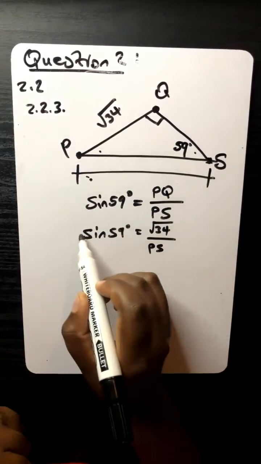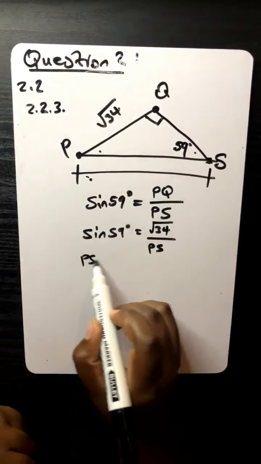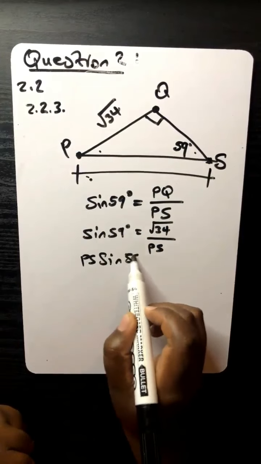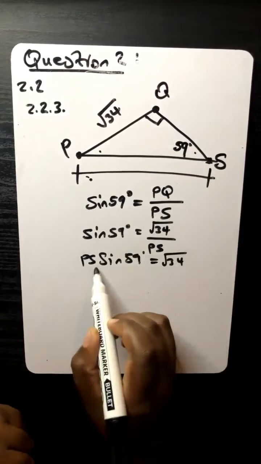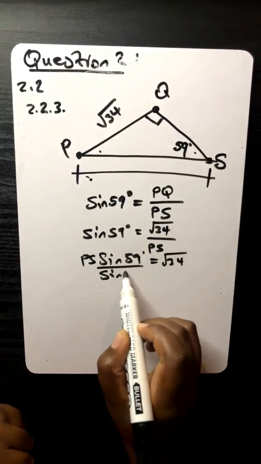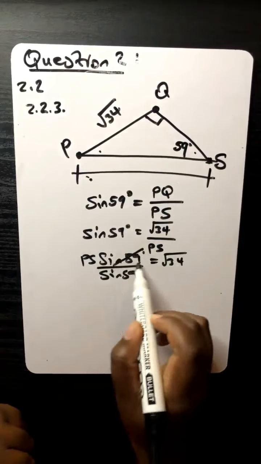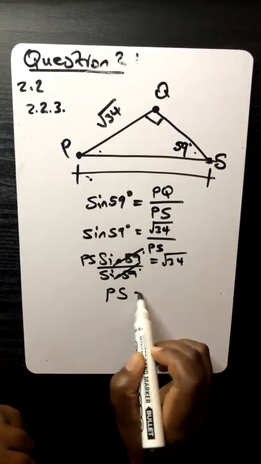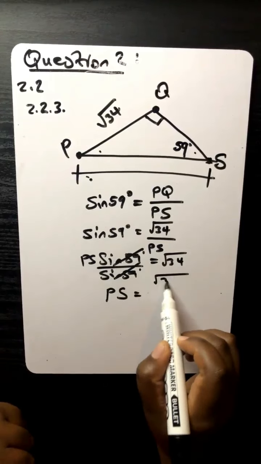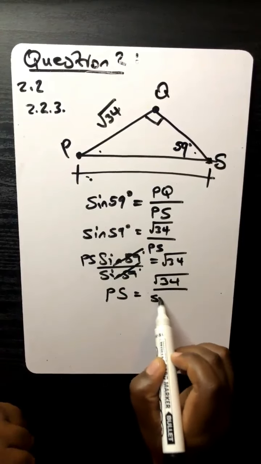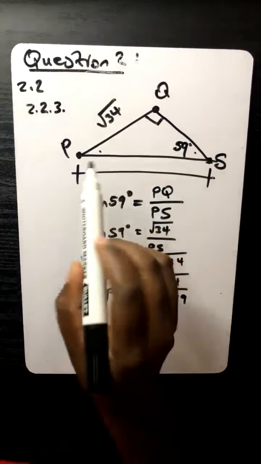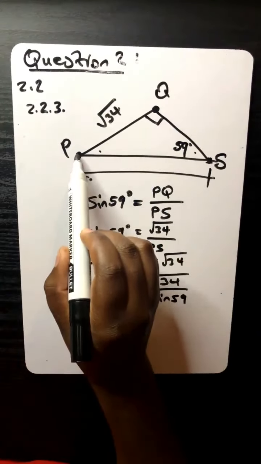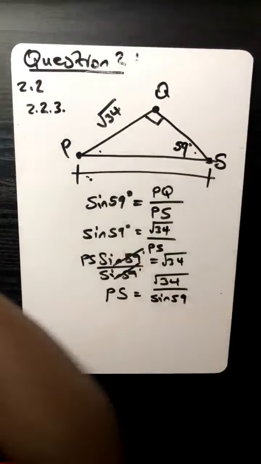So you are going to cross multiply. That means you have PS sine 59 degrees is equal to the square root of 34. Then you want to remove that so that it cancels and you remain with PS, which is equal to the square root of 34 over sine 59. So that is going to give me the length of PS.